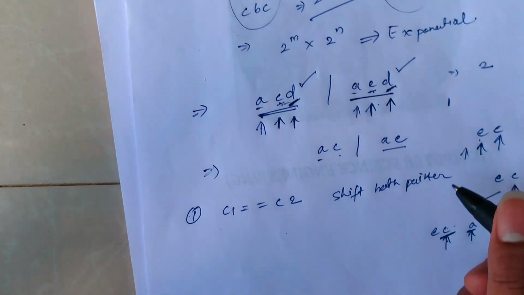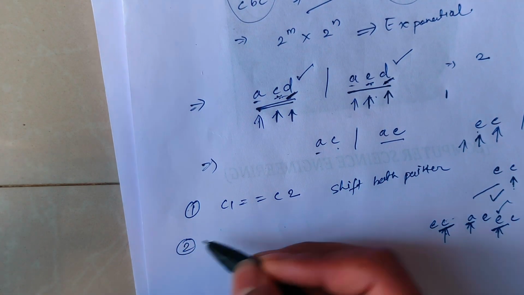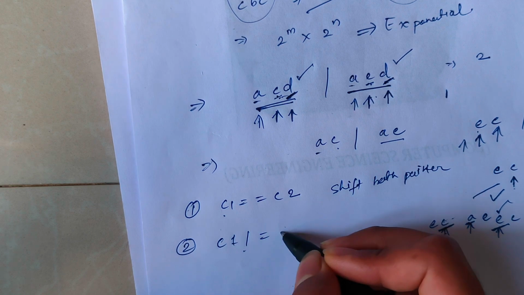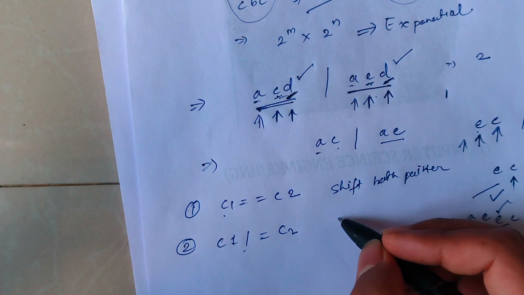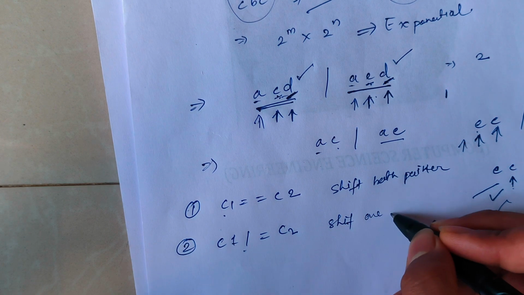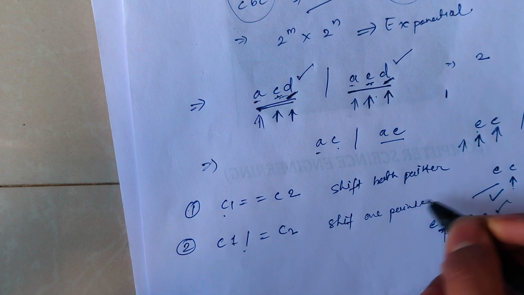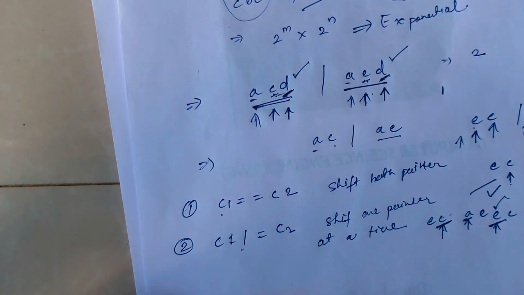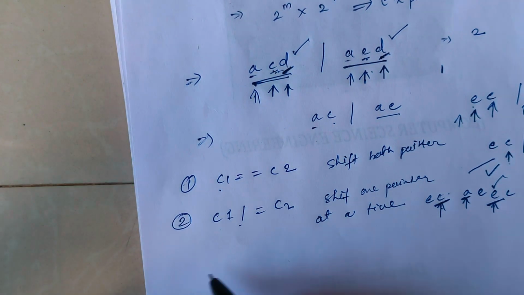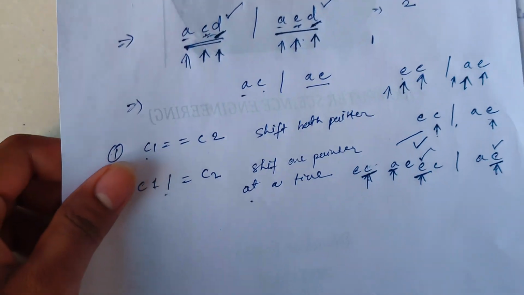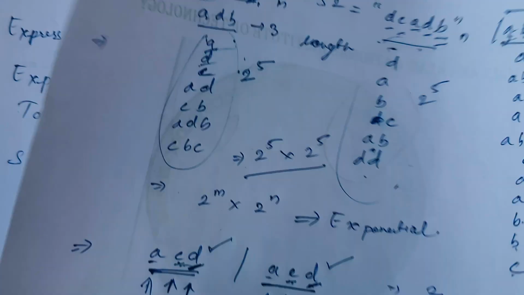In the case C1 is not equal to C2, in this case, shift one pointer at a time. Okay, so we can solve this problem. How can we solve it? Let us see.